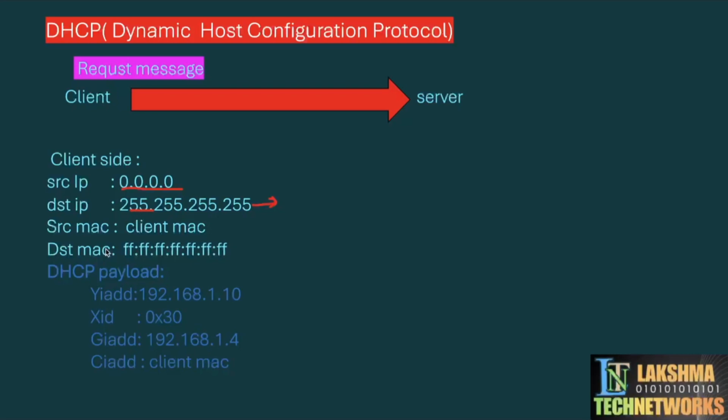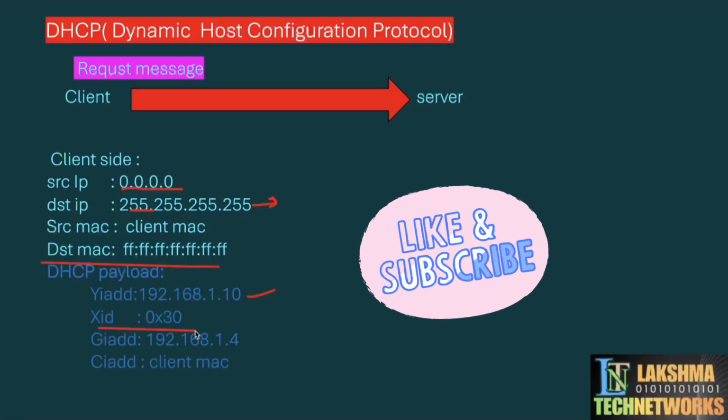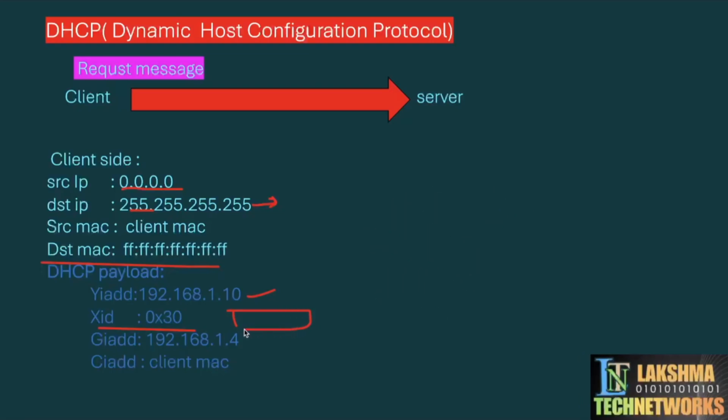This payload information will be there in this DHCP message. Already we have 1.1 as the available IP address the server has offered. Here it is the XID information, the transaction ID of the DHCP payload. So the information that is completed, the discover and offer messages, are based upon that transaction. This XID field is available in the DHCP header format.